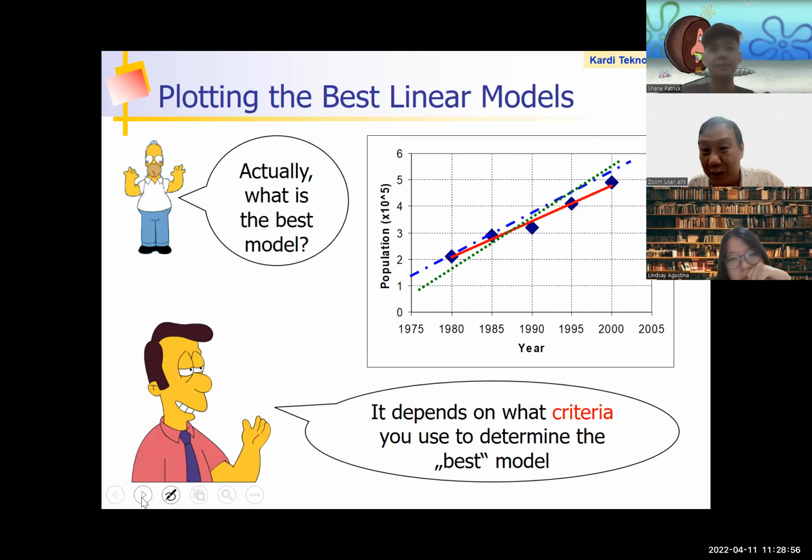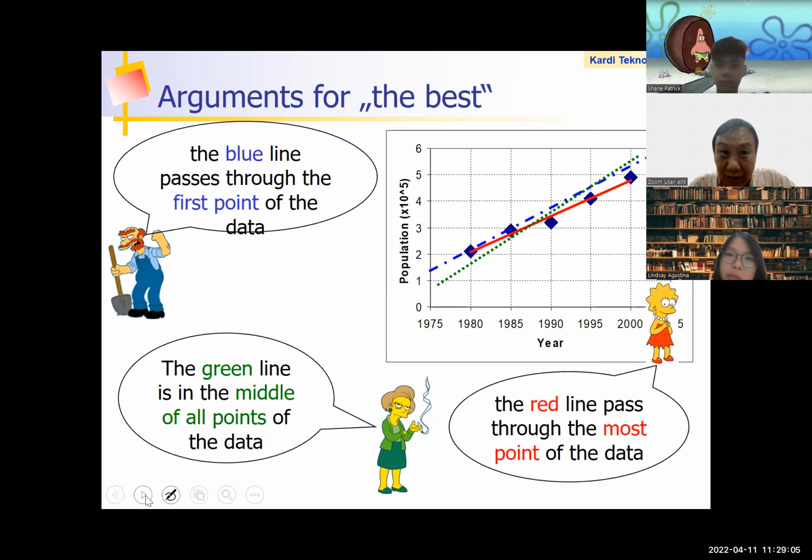The best is actually depending on the criteria, right? Okay. What is the best? So this cartoon character said the blue line, the criteria is passing the first point of the data. The green line, because it's in the middle of all points.